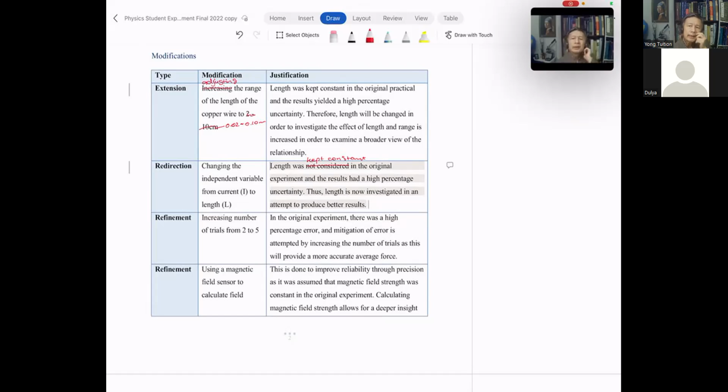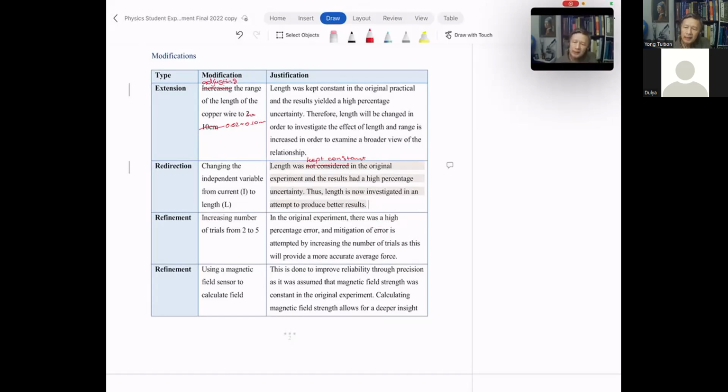I can hardly understand your rationale, because you think that length is variable, that the length is now being investigated as the independent variable, right? Then it was kept constant in the original experiment.